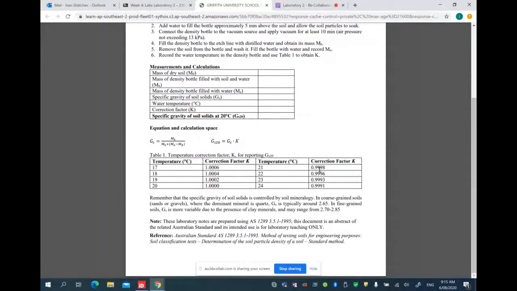We assume the density of water is 1, but for experimental reasons, to be more accurate, we're also required to use this correction factor. If the temperature is, let's say, 20 degrees, the correction factor is 1, so it's the same thing. If the temperature is 24, whatever value of specific gravity we obtain through testing, we multiply by 0.99991. So that's how it works.